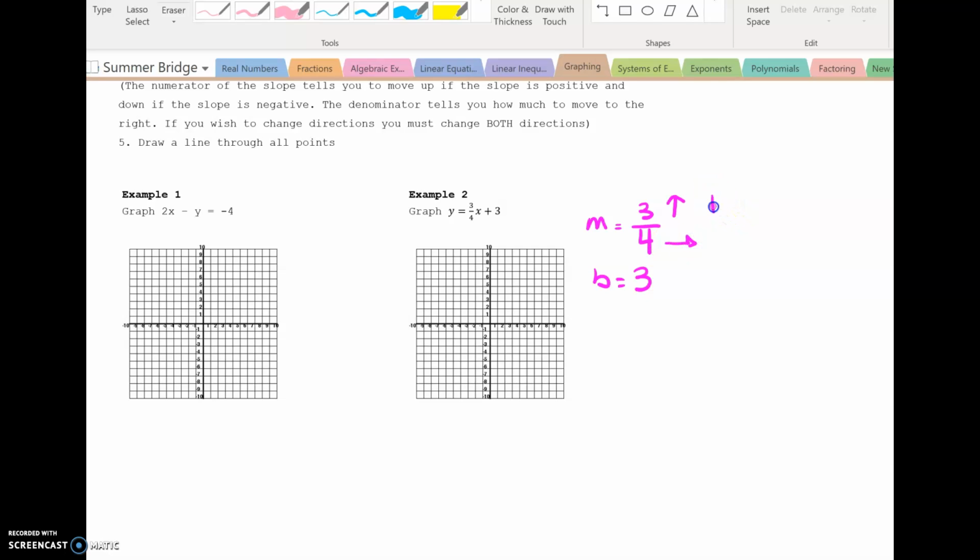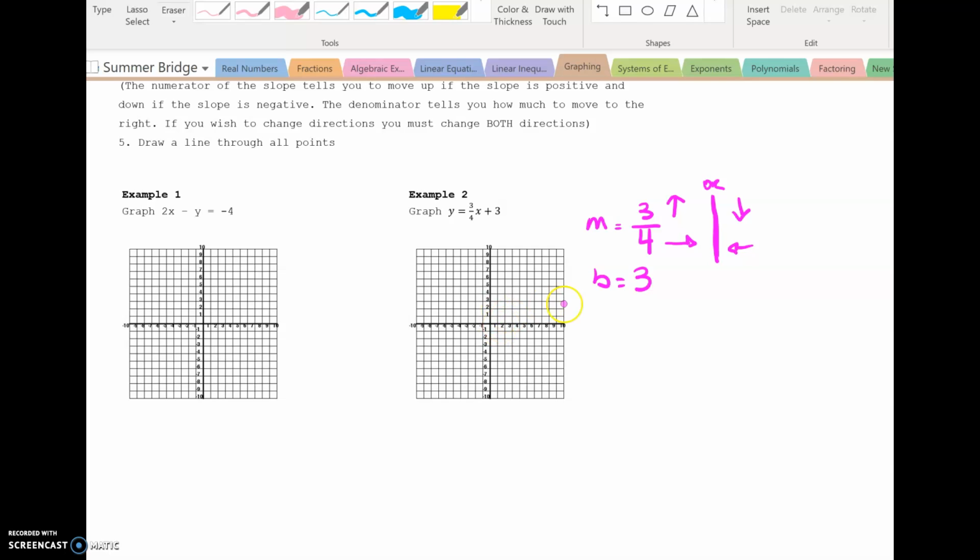Now, if you wanted, you could also say 3 is how much you're going down, and 4 is how much you're going to the left. Notice I changed the direction of both of my arrows because a negative divided by a negative gives you a positive, just like a positive divided by a positive gives you a positive, and we have a positive slope.